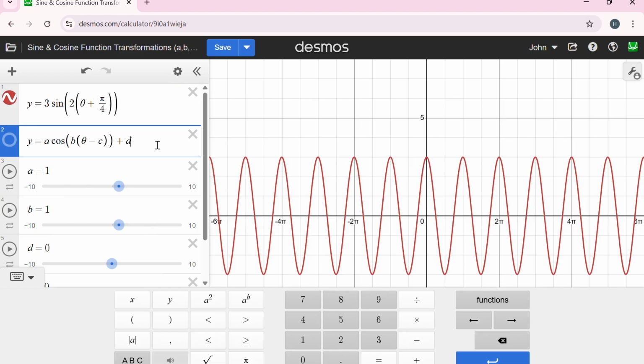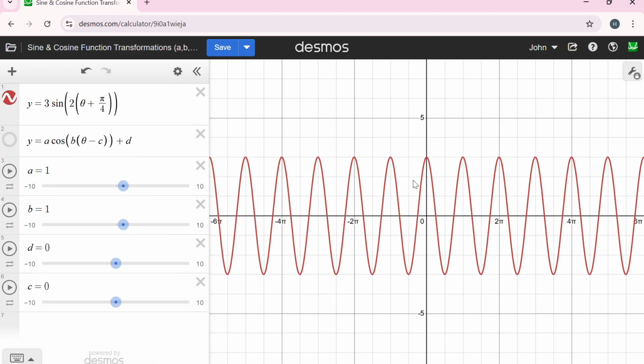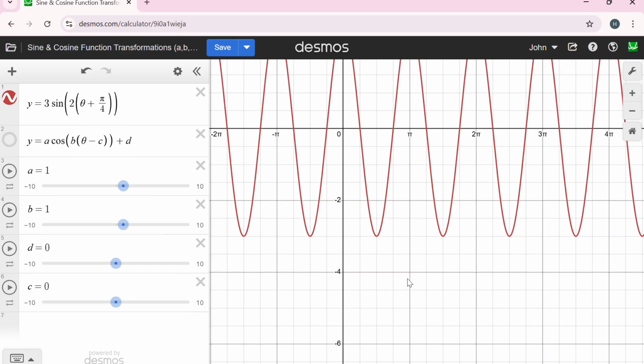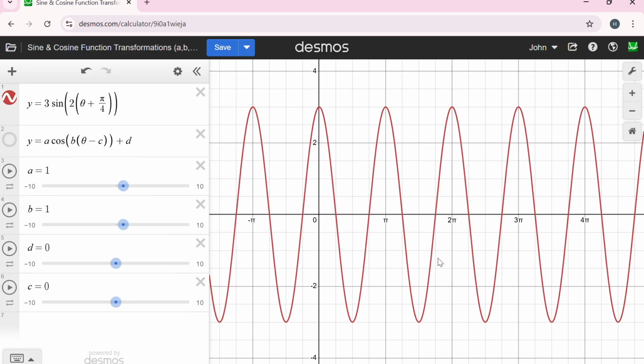That's what it looks like. Let me zoom in here. That's a maximum at 3, and 3 pi over 6, so pi over 2 minimum right there. So the points we remember are here.